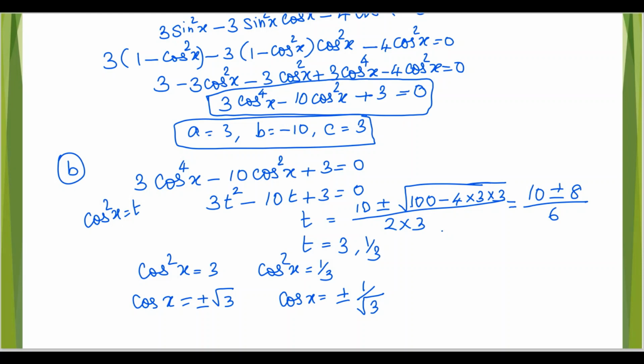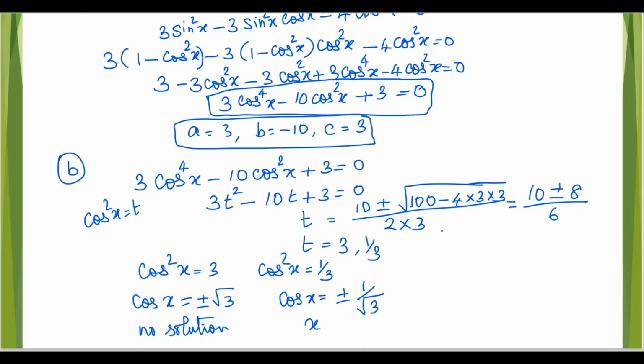And cos x equal to plus or minus square root of 3 will not give any solution, because the cos value will always be between the range -1 to +1. So no solution here. And cos x equal to plus or minus 1 over square root of 3 gives a solution.